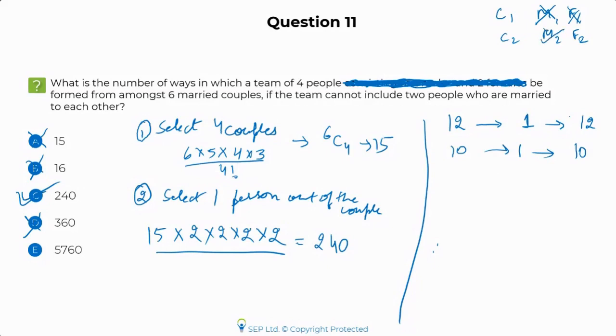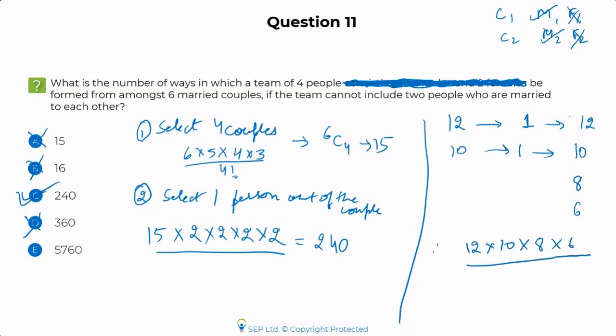Then I can not select F2, so I will be left with 8 people in the next attempt. Similarly, if I select one person here, I'll be left with 6 people in the next attempt. So I can select 4 people in 12 into 10 into 8 into 6 ways.